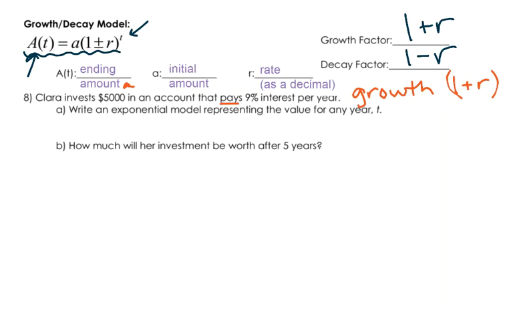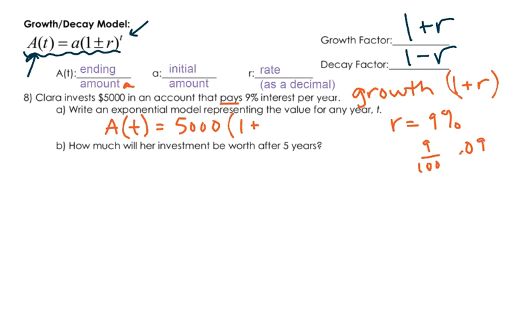So a sub t is equal to the starting amount, which is 5,000, times, remember you got to pick either plus or minus. It's a growth, so we're going to do 1 plus r, but r is 9%. Remember, 9% we write as 9 over 100, so that's really 0.09, 9 hundredths.